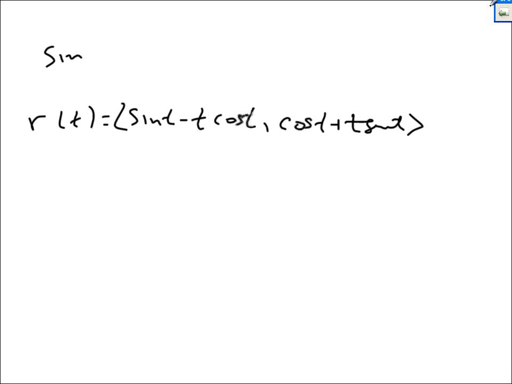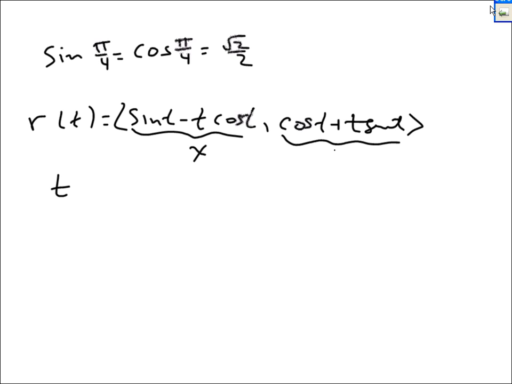Remember that the sine of pi over 4 is equal to the cosine of pi over 4, which is square root of 2 over 2. So remember, that's x and that's y. I'm going to make up a table. T, and then I'll find x and y. I'll choose t's, and I'll calculate x and y's.